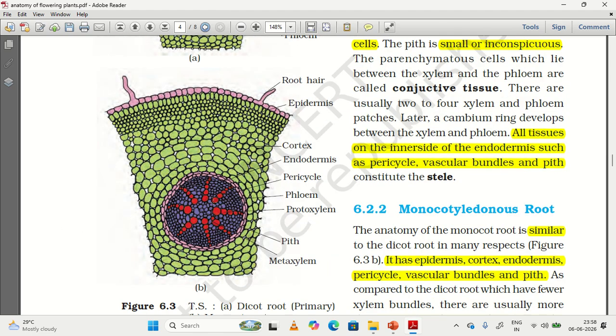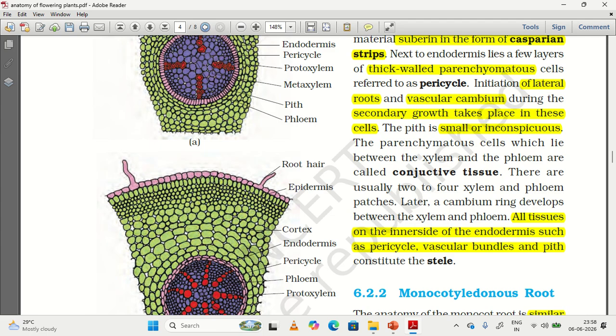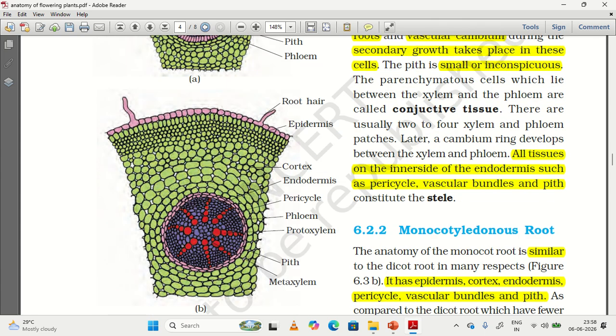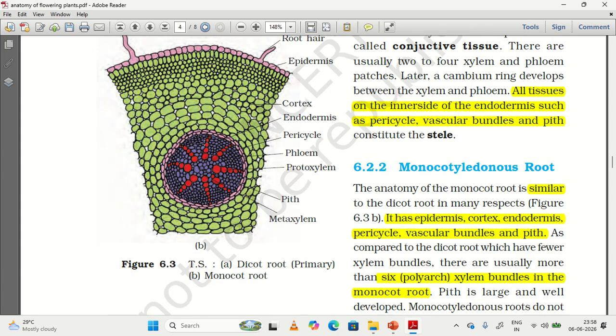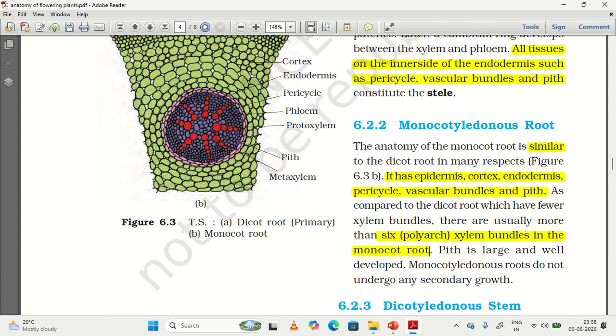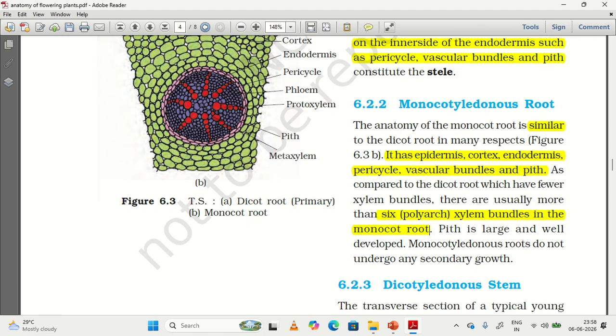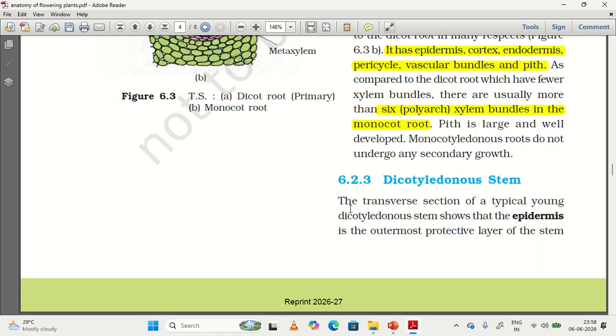Whereas in the dicot root you can see the lateral roots and also the cambium. Cambium and lateral root growth can be seen, which is given by the pericycle. Hence in the monocot root there is no secondary growth. You cannot see any cambium here. This is the major difference between the dicot root and the monocot root.